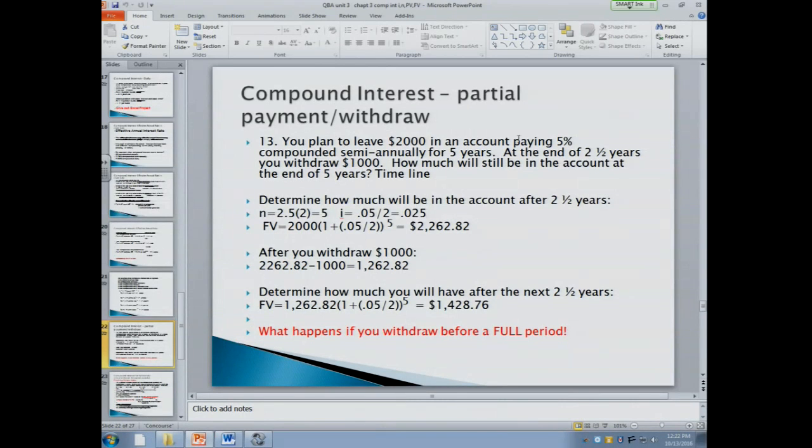So you'll have $2,000 in an account paying 5% compounded semi-annually for 5 years. At the end of 2.5 years, you withdraw $1,000. How much will still be in the account? Determine how much will be in the account after 5 years. Okay, please pause this and write a timeline.